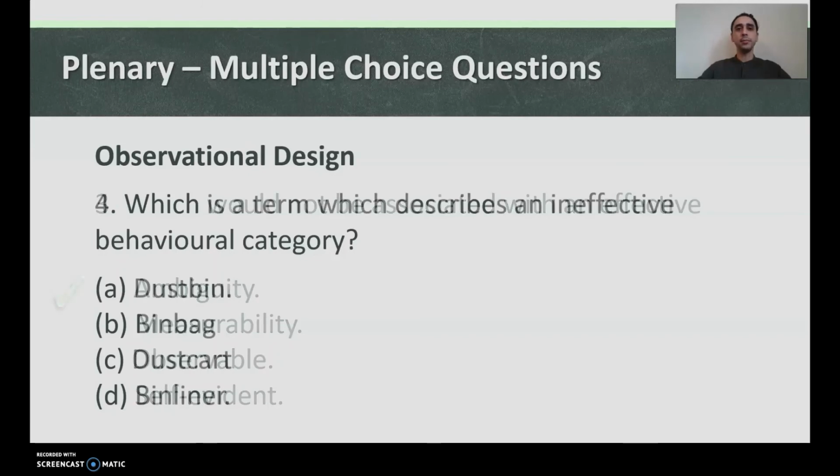Yes, you're right. Number 4, which is a term which describes an ineffective behavioural category? Is it A, dustbin, B, bin bag, C, dust cart, or D, bin liner? C, dust cart. You're wrong. It's A, dustbin. It's called a dustbin category.